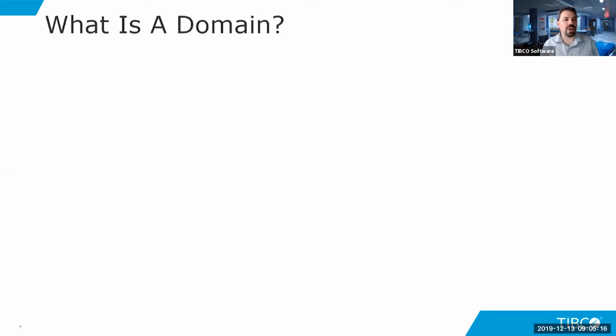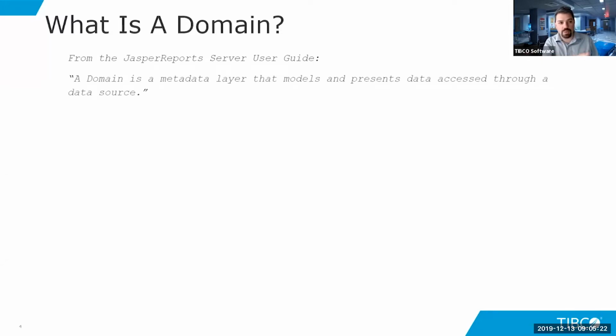So we're going to jump right in. What is a domain? So from our user guide, let's see if we can do a little translation for you. A domain is a metadata layer that models and presents data accessed through a data source. So the easy way to think of that, in my opinion, is it's a subset of your database. But really only in the kind of logical sense. We're not creating a database.